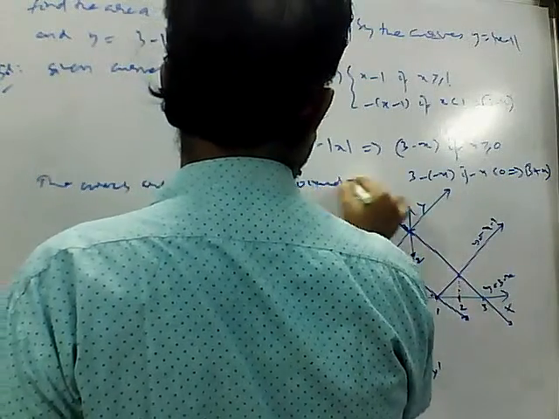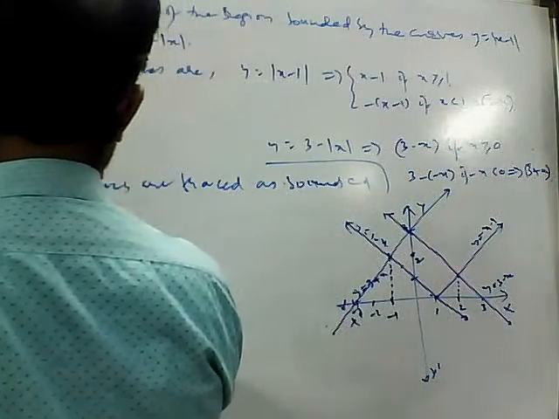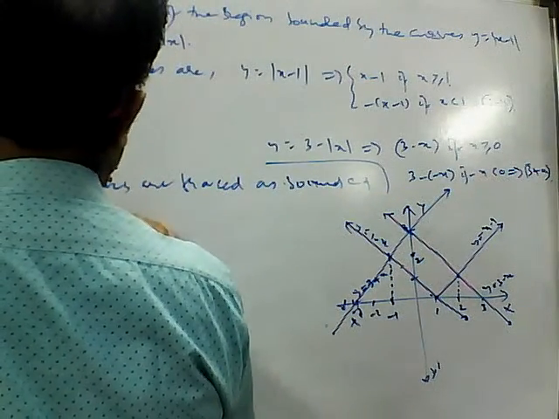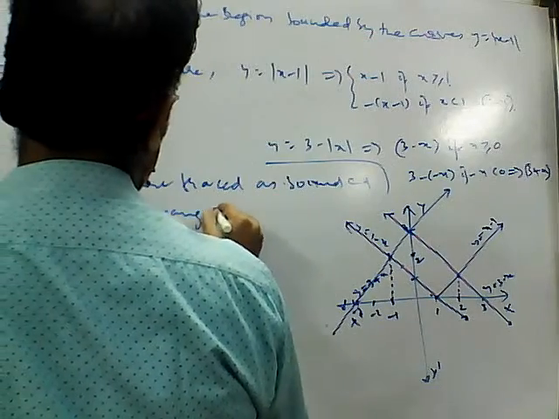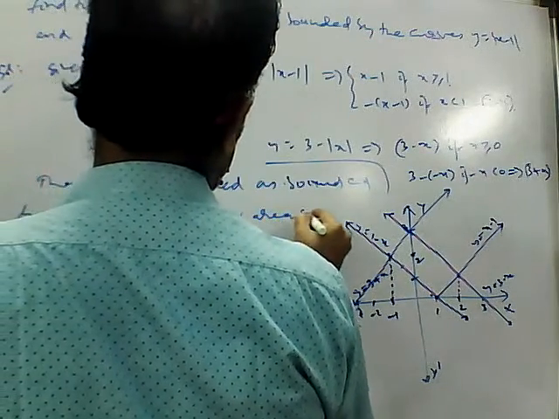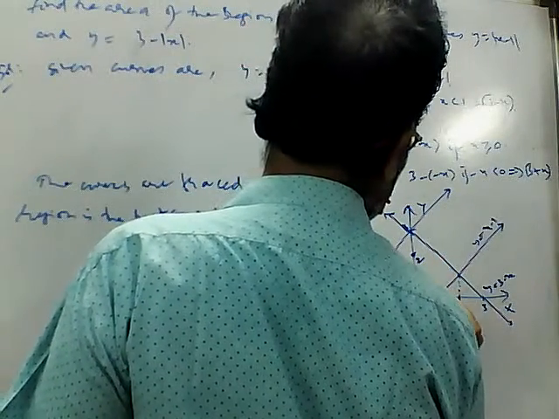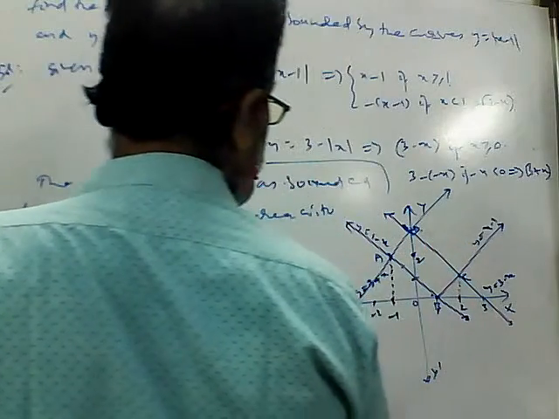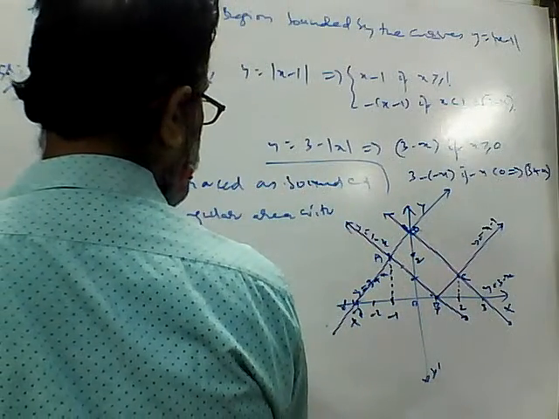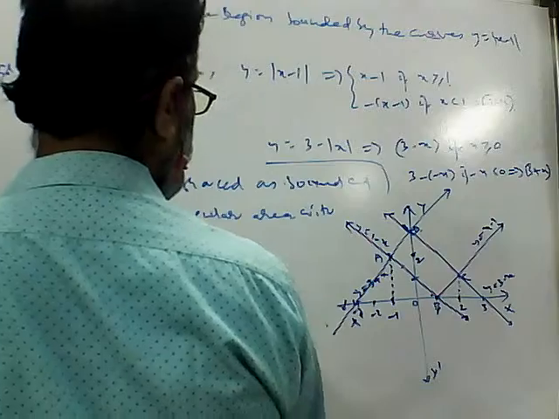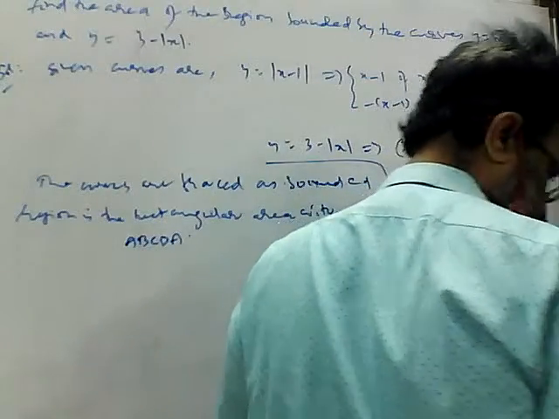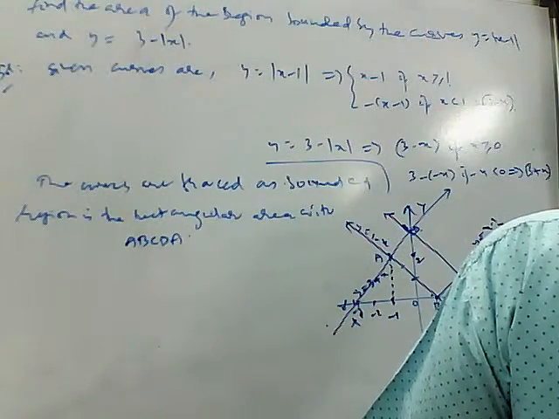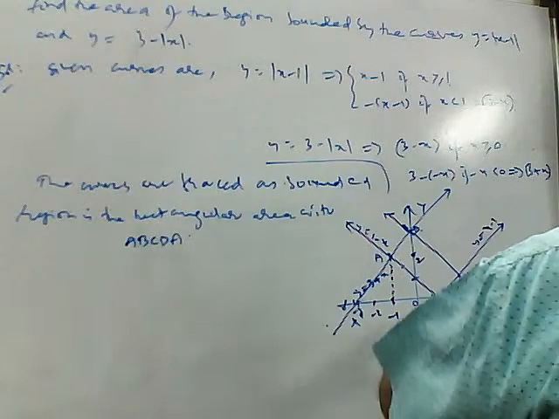The bounded region is the rectangular area with the axis, you name it as O, A, B, C, D, A. How do we get this area?